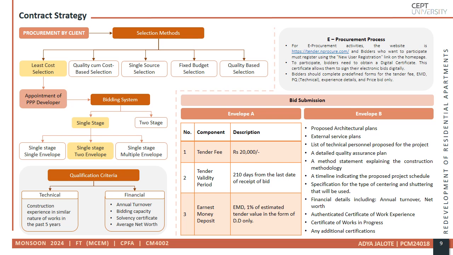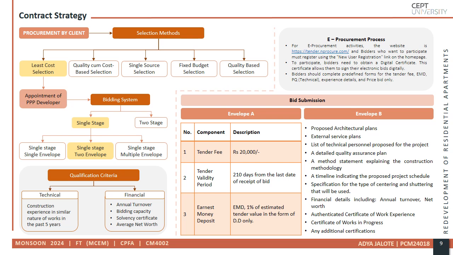Envelope B contains the architectural plans, construction methodologies, and a quality assurance plan. The developer is evaluated on their construction experience, financial stability, and adherence to sustainability standards. This process ensures fair competition and secures the most qualified developer for the project.